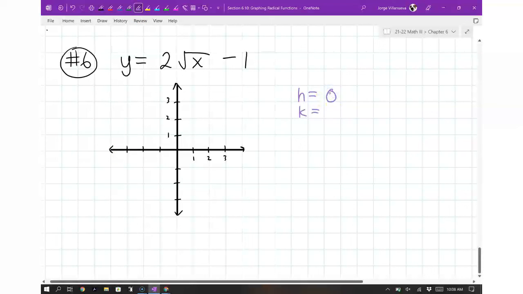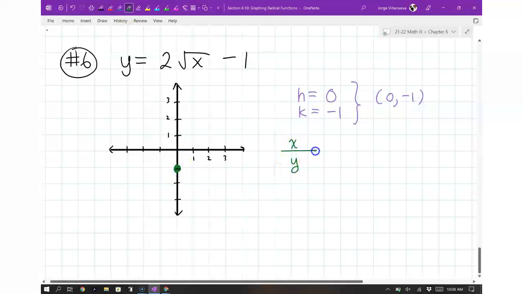What's my K? -1. Notice I have an A value of 2. It's a positive number, so this is going to open normally, but it is going to amplify my answers a little bit. Don't worry, it's nothing that we really have to do differently. We're going to still do everything the way we normally do. 0, -1 is right here.